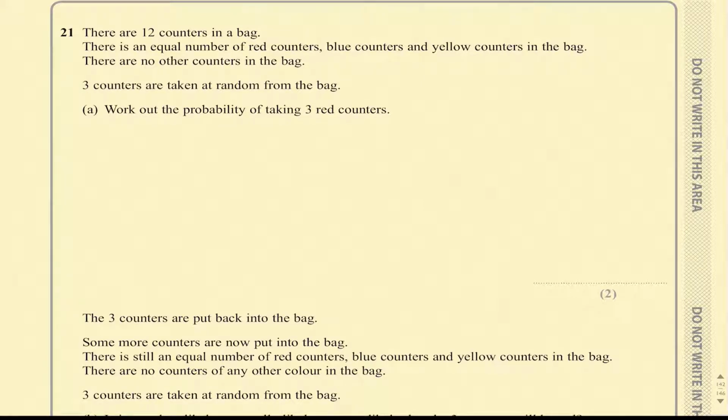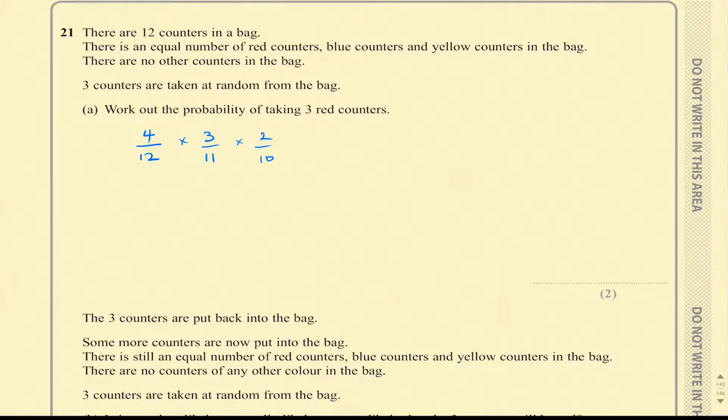Well, they're dependent, because if you take them out, you cannot replace them. So 4 in 12 times, now you got 11 left, 3 in 11, now you got 10 left, times 2 in 10.